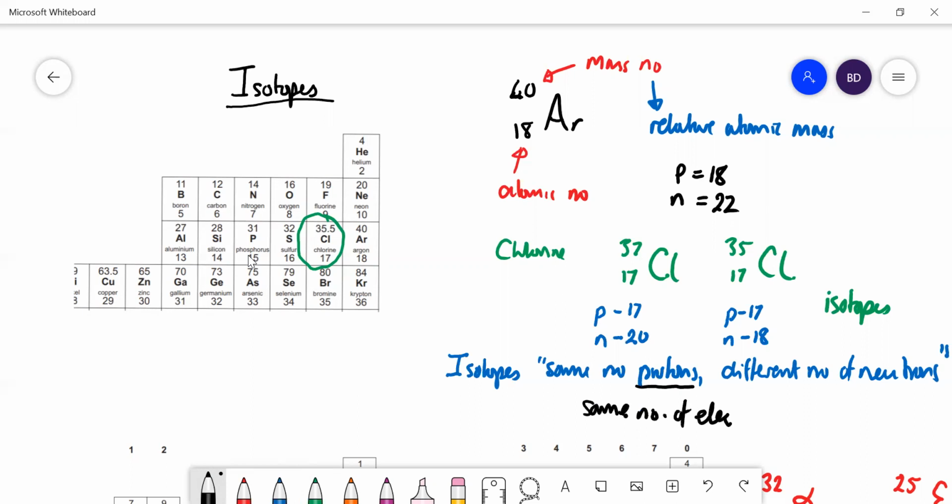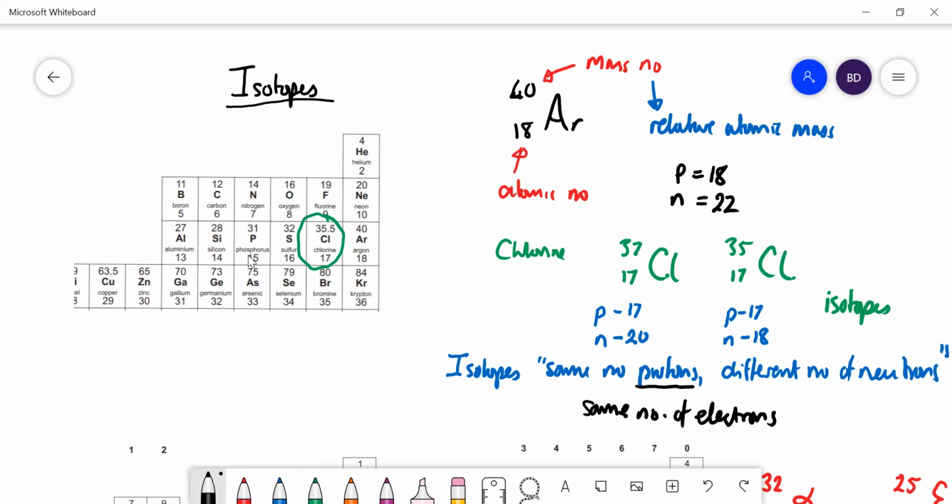So that means they've got the same arrangement of electrons. So that means they are going to be chemically identical. So there's absolutely no difference in chemistry between these two different versions of chlorine, chlorine-35 and chlorine-37. They're the same. One has got more neutrons in its nucleus than the other.